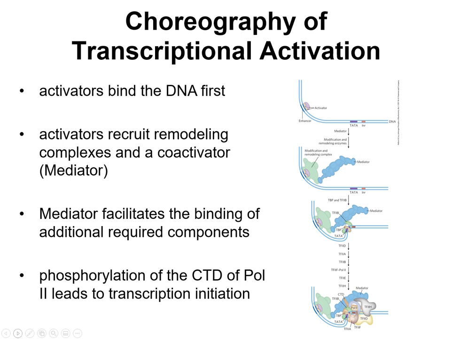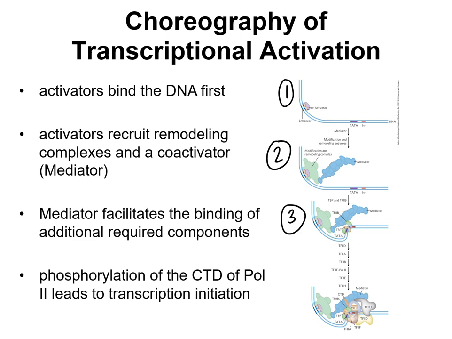So now, if you're following along with the pictures, we've got our activators bound. We've got our remodeling complexes and our co-activator. Mediator will facilitate the binding of all the other required components. So we're looking at all of those transcription factors.